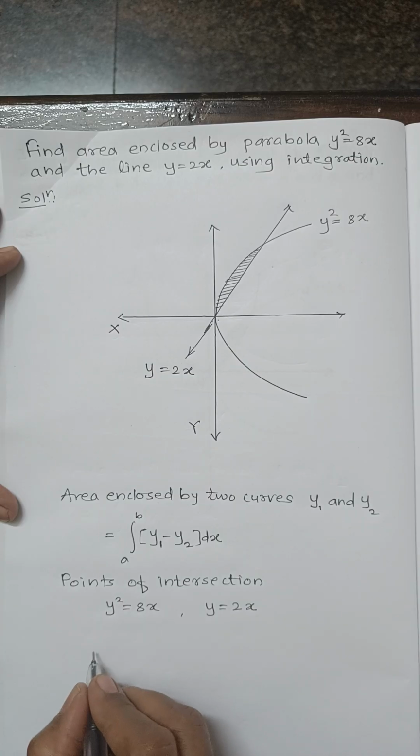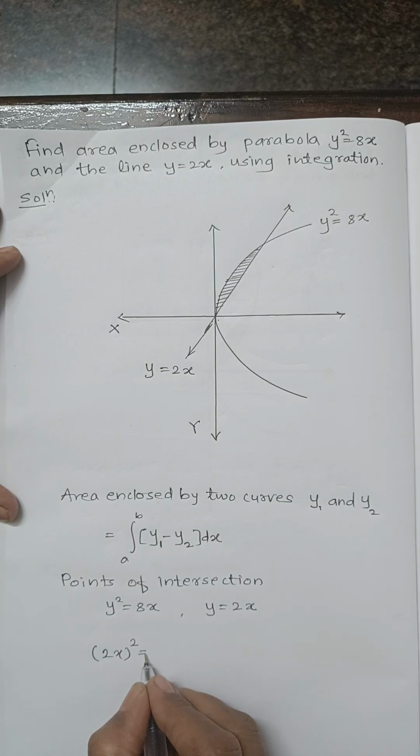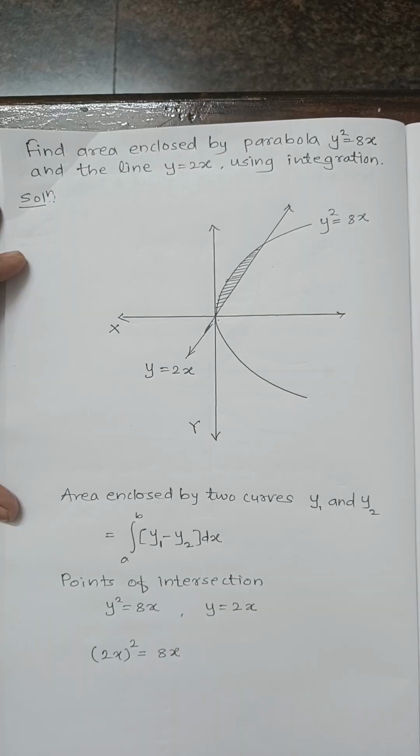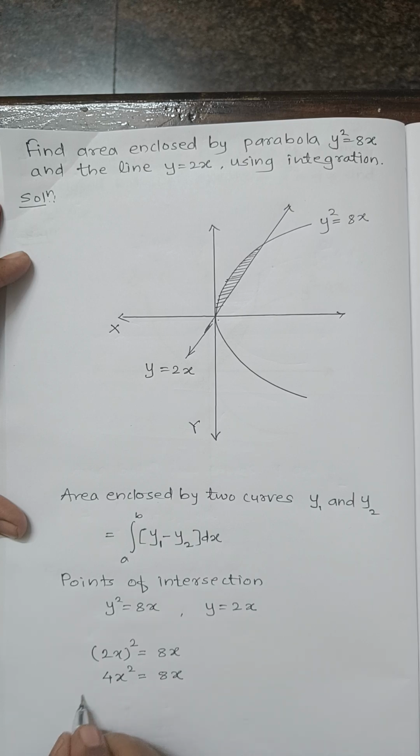That is, y is 2x, the square of this is equal to 8x. Using these two equations, 2 square is 4, x square is equal to 8x. This can be written as 4x square minus 8x is equal to 0.